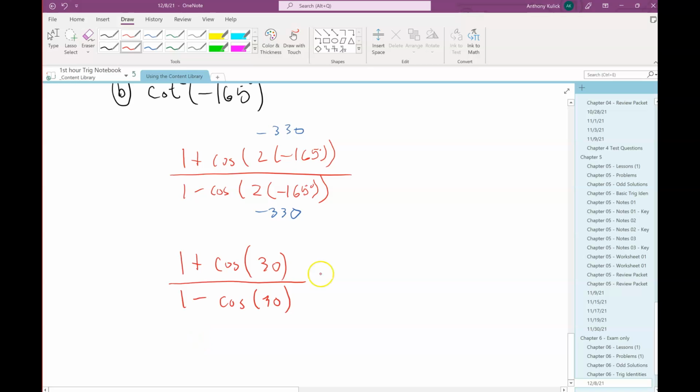I go to my unit circle now and pull my values. So cosine of 30 degrees is root 3 over 2. Everybody so far so good? Now we're going to get rid of the fractions inside of fractions. What should I multiply to the top and bottom of this? 2.